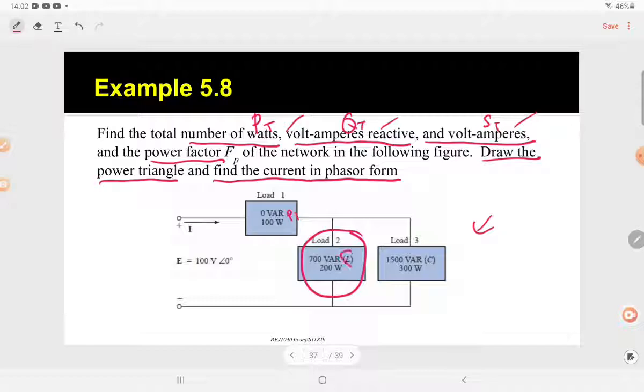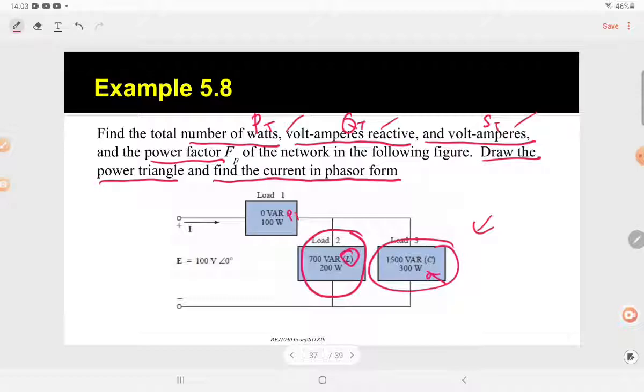The value is 700 VAR for Q, and for P you have 200 watt, and then load 3 over here is given by 1500 VAR capacitive load and also 300 watt for resistive load.